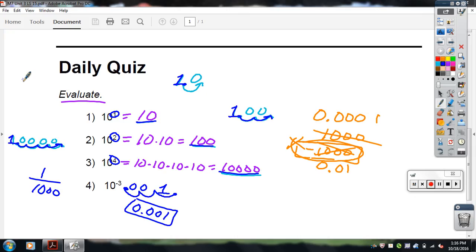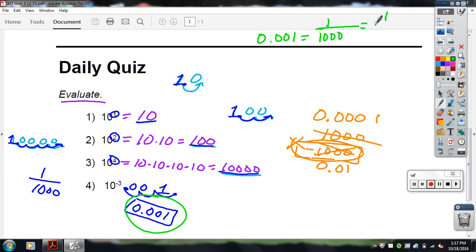Now here's another way to look at it, and we're going to elaborate on this further. You guys agree that this number, 0.001, is 1 thousandth, right? This is 1 in the thousandths place? Tenths, hundredths, thousandths.